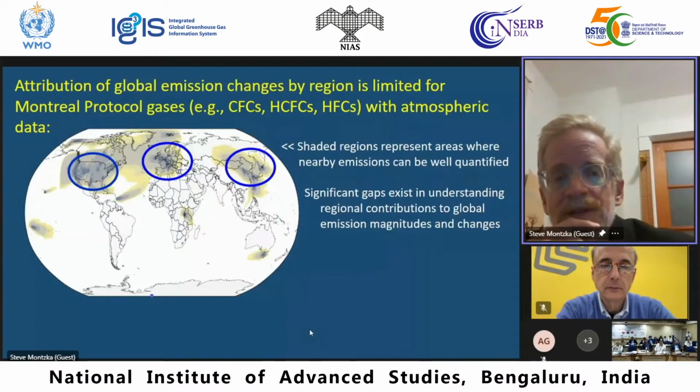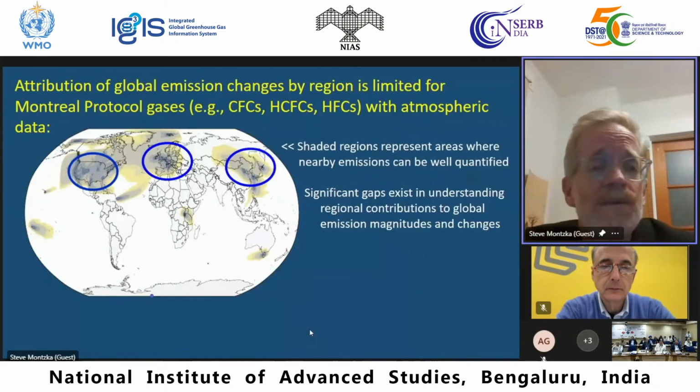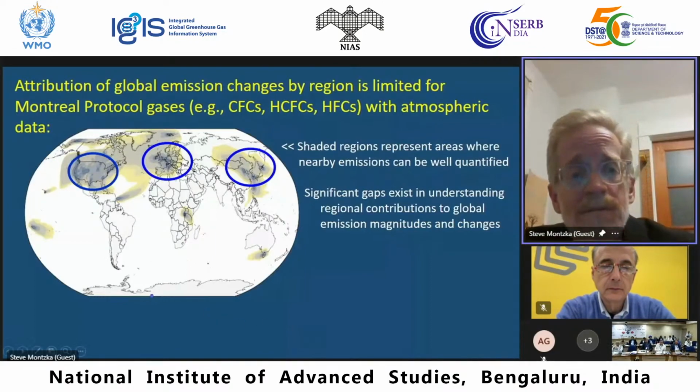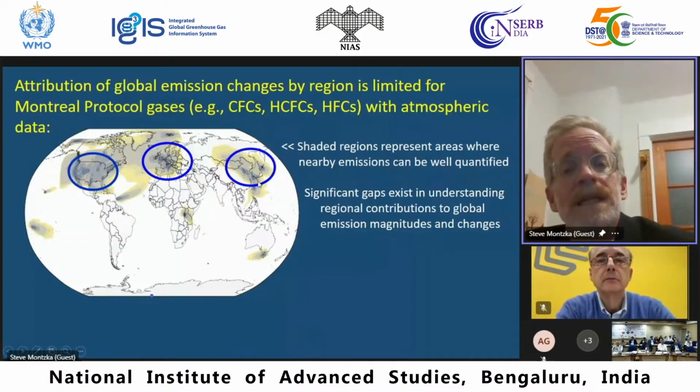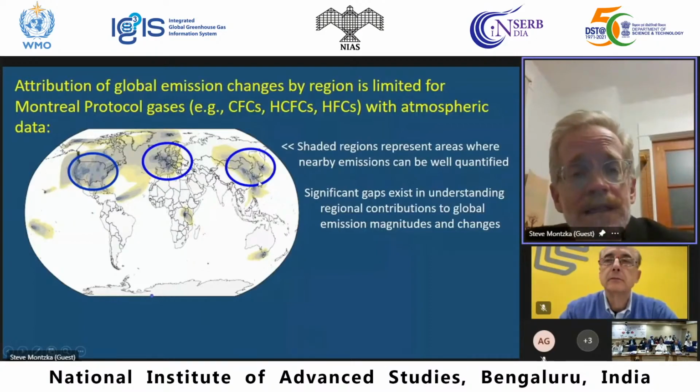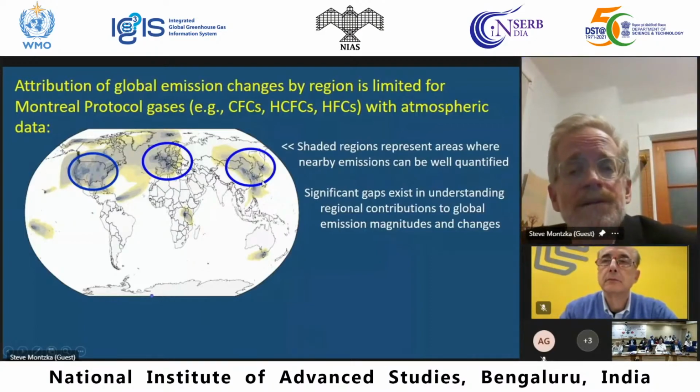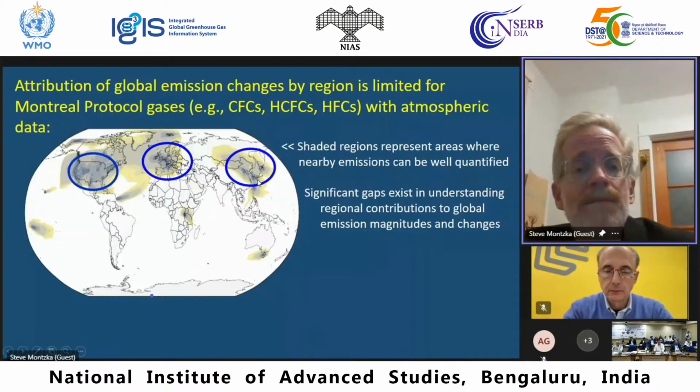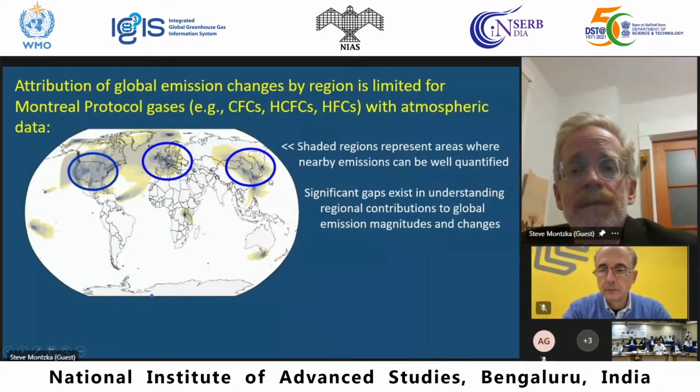It's limited to essentially about 3 regions around the world: across the U.S., across Europe, where a number of organizations make measurements regularly of these gases, and in Eastern Asia, where there's some capability for understanding concentrations, how they're changing over time, and what they imply for emissions. So you can see that significant gaps exist.